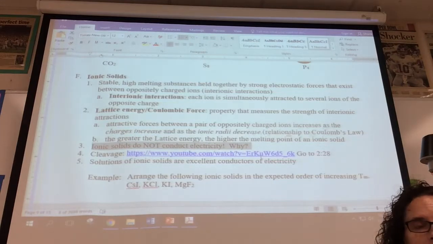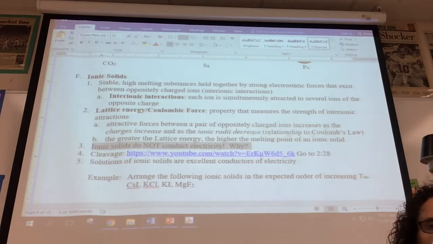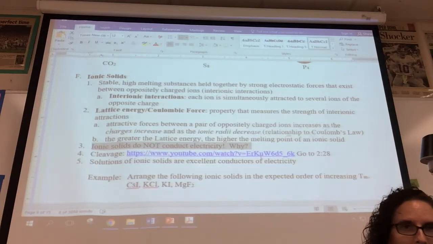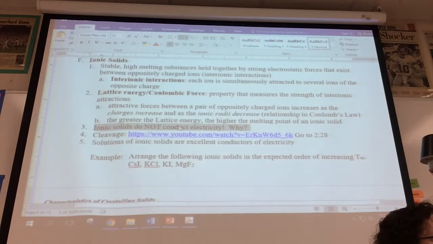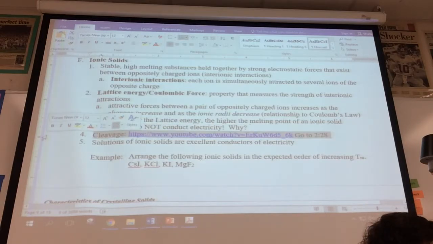In a solid, the ions are in a fixed position, so they won't move freely. But when you dissolve the salt in water, you break these interionic interactions, and now the ions can do what? Move freely, and therefore you can conduct electricity. So ionic solids don't conduct electricity, but solutions of ionic solids are excellent conductors of electricity.